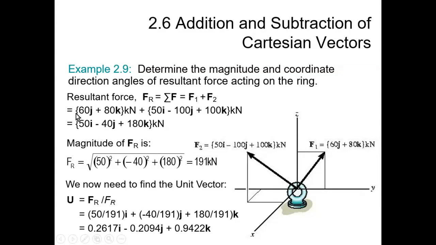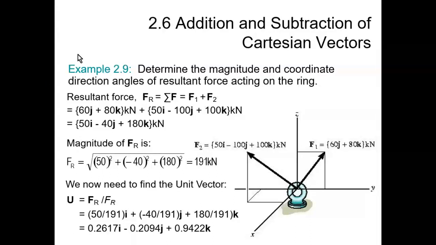The resultant would be this one, 50i minus 40j, 180k. But that is a child, this is not a parent, right? So how do I normalize that? By dividing this by the magnitude of this vector, that becomes the unit vector.